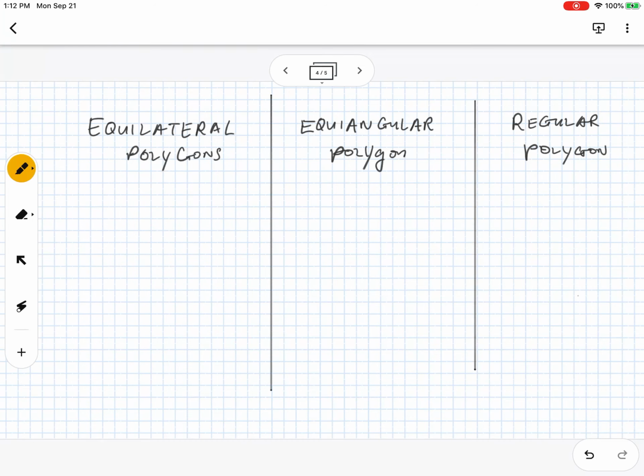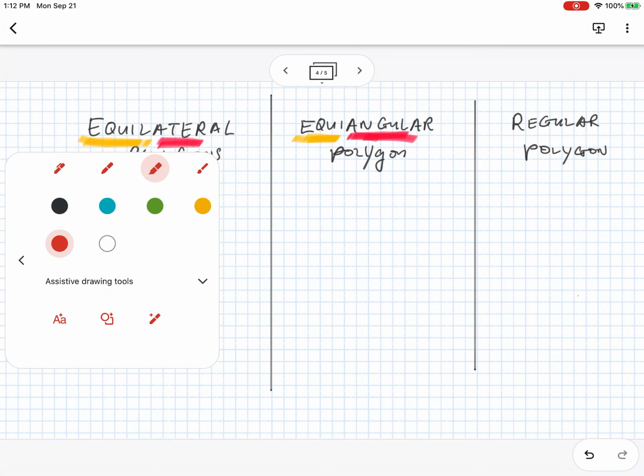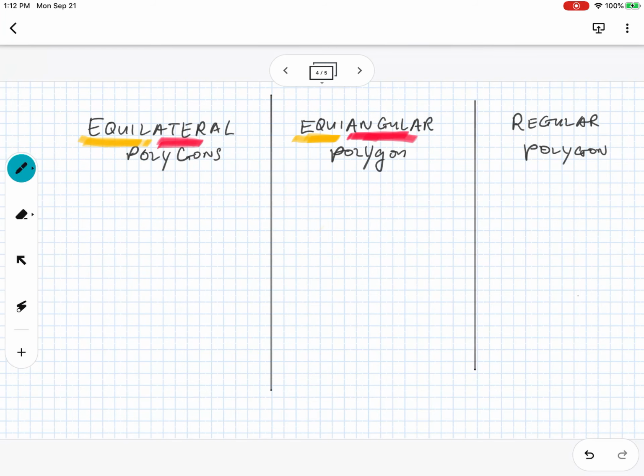Okay, so I want you to pay attention to the root word again. So for this one, it's equi, and then for this one, it's equi. And then to even take it a little bit further, it's angular, and then here it's lateral, right? So equi means same, and then lateral means one thing, and then angular means another.